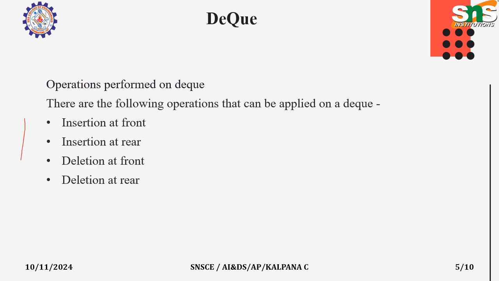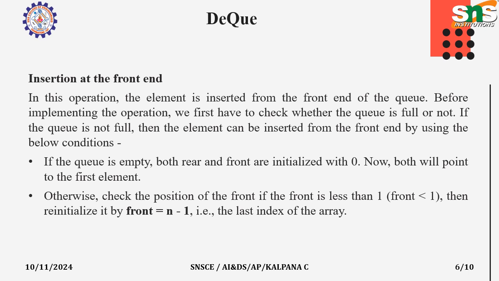So these are all the operations that are possible with our Deque. Insertion at front, insertion at rear, deletion at front, deletion at rear. So when we are going to perform insertion at front, we have to check the condition like our queue operation.